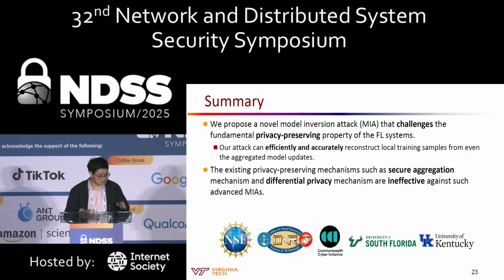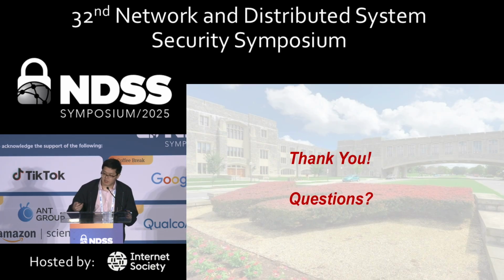Our attack is very efficient and very accurate. We also show that the existing privacy-preserving mechanisms, such as secure aggregation and differential privacy, are ineffective. This work has passed the artifact evaluation process, so if you are interested in the implementation, you can check the paper and also the code. Thank you very much, and I'm happy to answer any questions.